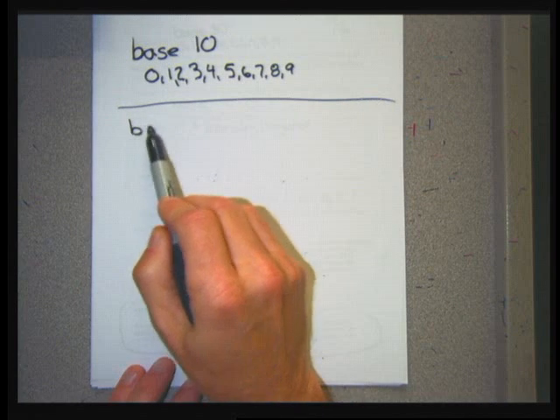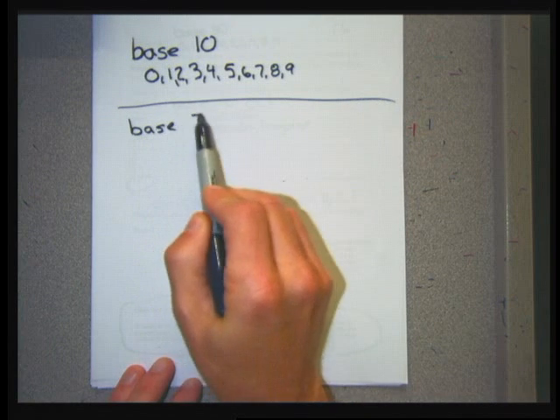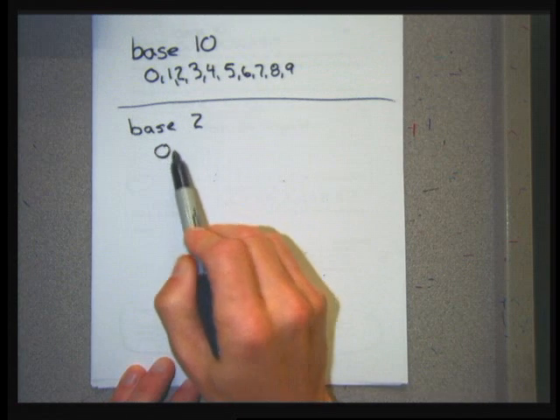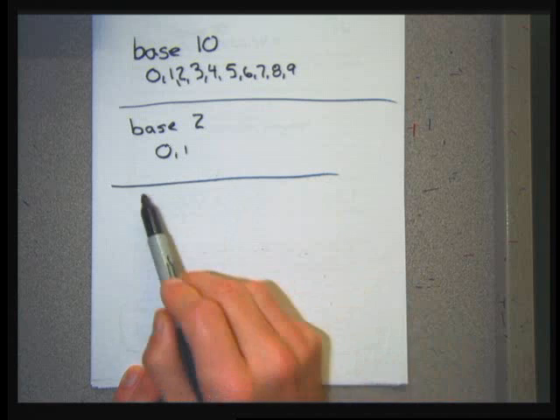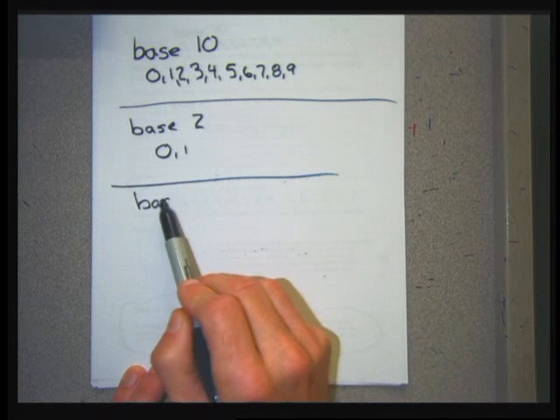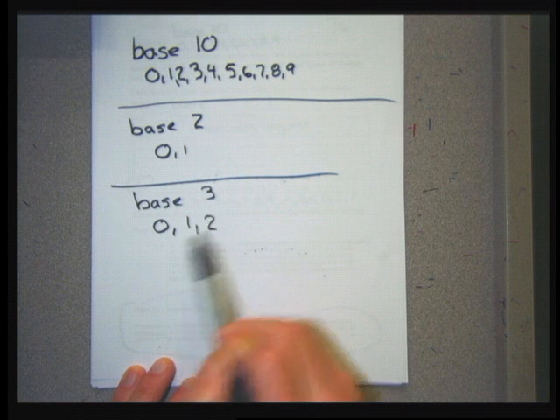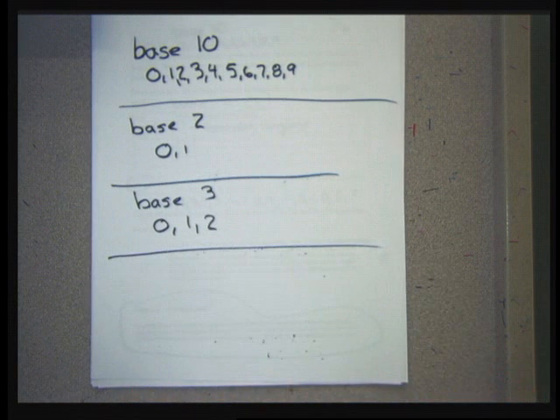In a world of base 2, you're only allowed to have 2 distinct numbers to make up your whole language. In base 3, you're permitted to have 3 numbers in your language to make up everything that you want to make up.